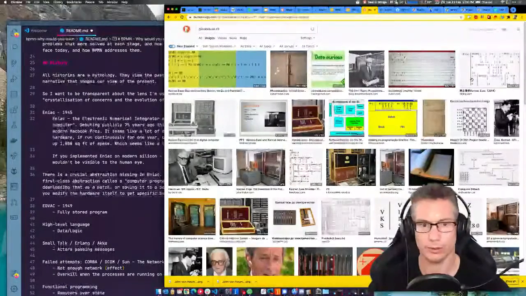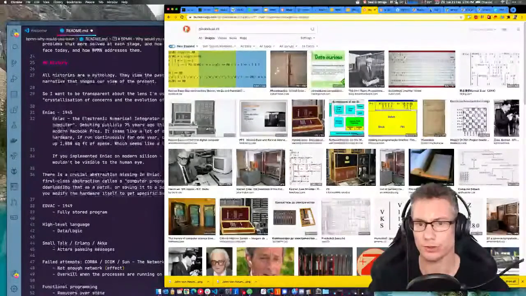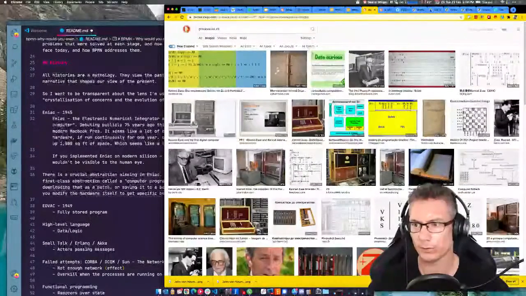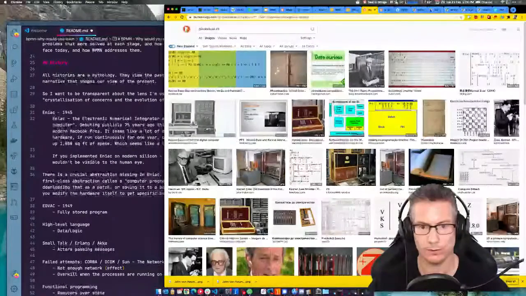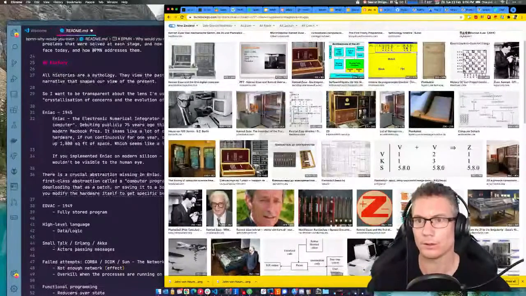Next level, all right. The first digital computer. Incredible.